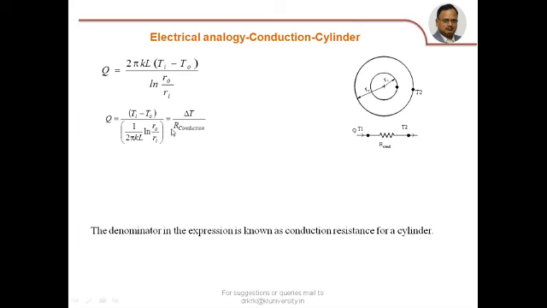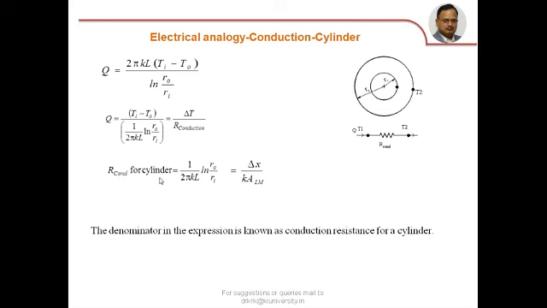So if you compare these two formulas, one derived from the Fourier law of conduction and another by comparing with current flow, the value of R conduction is equal to 1 by 2 pi KL log Ro by Ri. Hence, the conduction resistance for a cylinder is 1 by 2 pi KL log Ro by Ri, which can also be written as delta X by K into logarithmic mean area. Let us not worry about it right now.